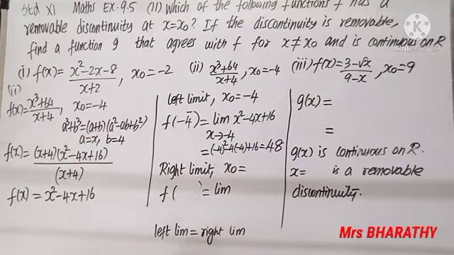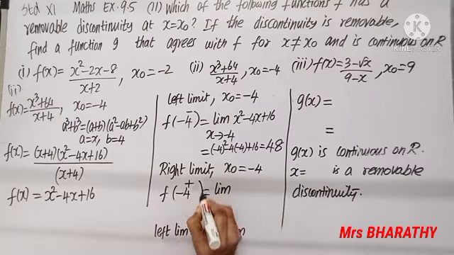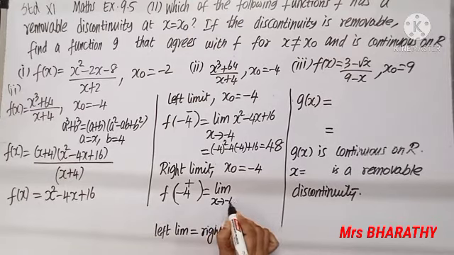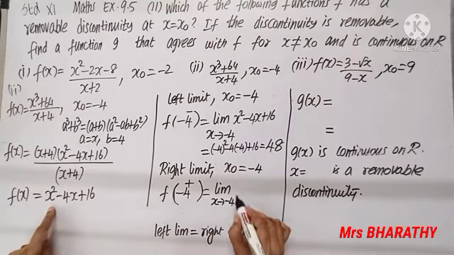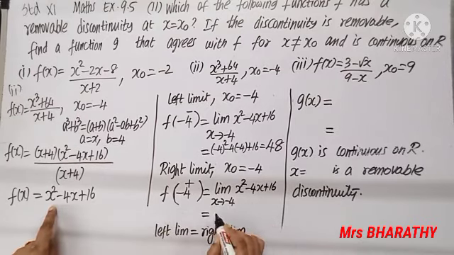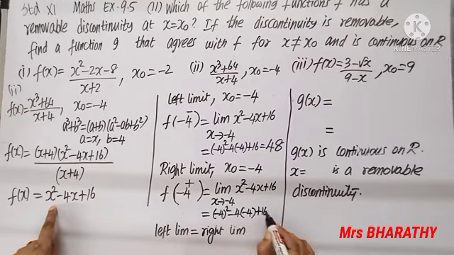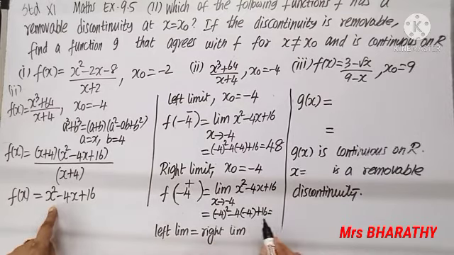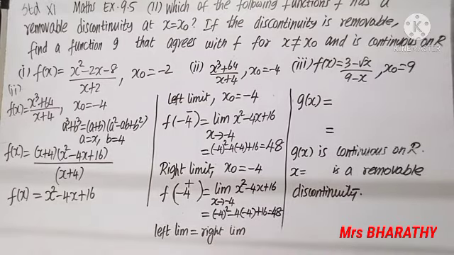The right limit, when x naught is minus 4, we write minus 4 plus, f of minus 4 plus, limit x tends to minus 4, substitute in the same function, x square minus 4x plus 16. As I put minus 4, it is minus 4 the whole square, minus 4 into minus 4, plus 16. 16 plus 16 plus 16, which is 48. So we declare left limit and right limit are equal to 48. Now let us redefine the function.